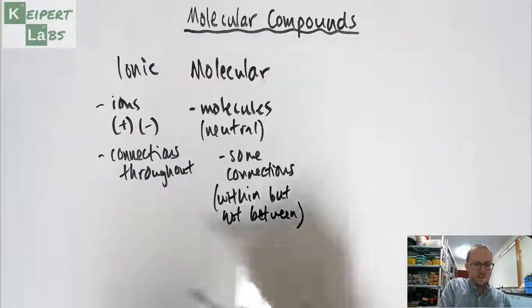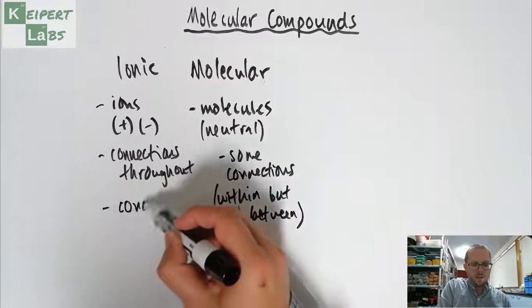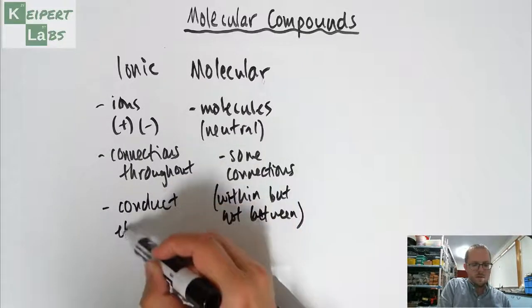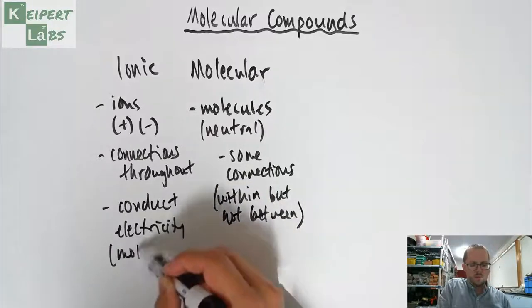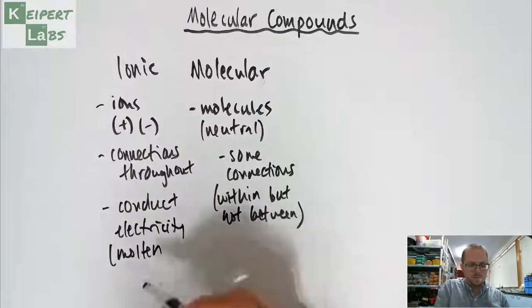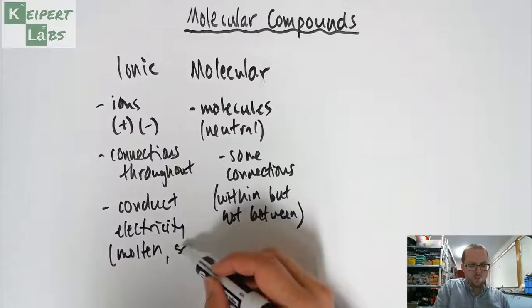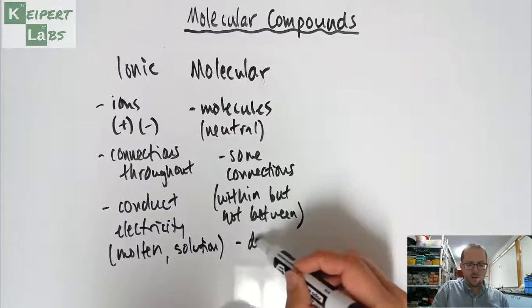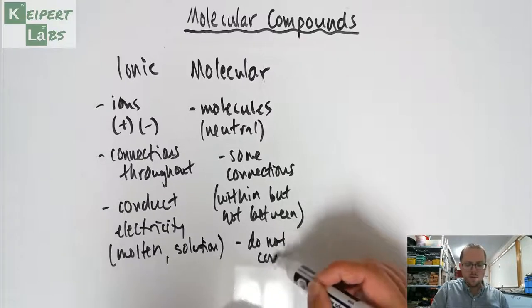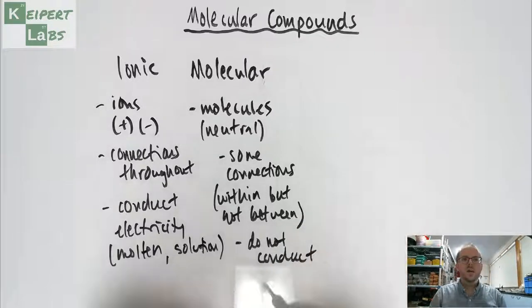And we've seen that ionic substances conduct electricity when molten, that is melted down, in this fluid state, or in solution, and molecular do not conduct. So we're seeing that these are two distinctly different types of compounds.